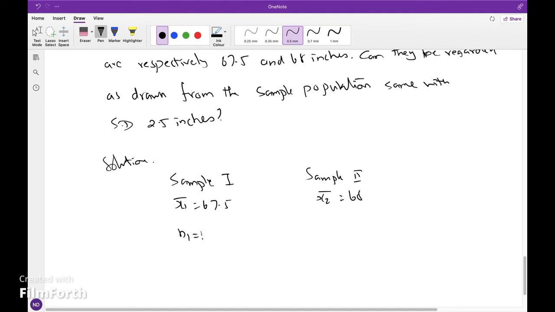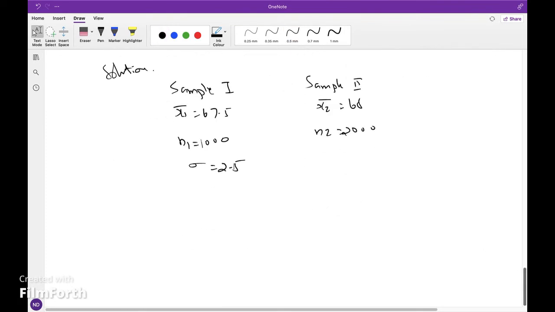And n1 is 1000, n2 is 2000. The population standard deviation sigma is 2.5. The two given samples are large samples. So H0, the null hypothesis: mu1 equal to mu2. That means the samples belong to the same population. The alternative: mu1 not equal to mu2.